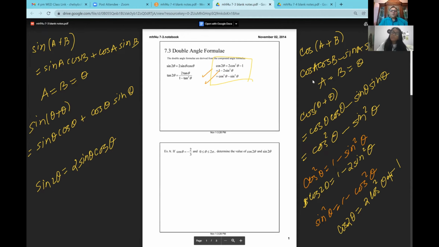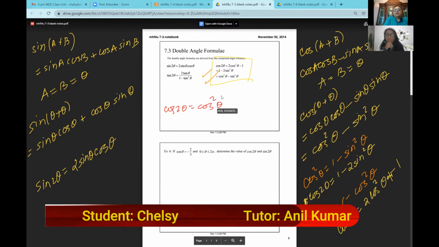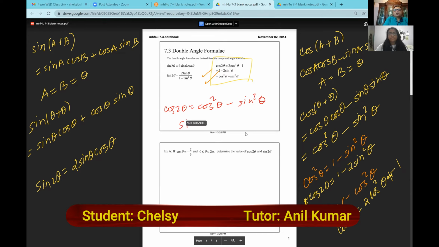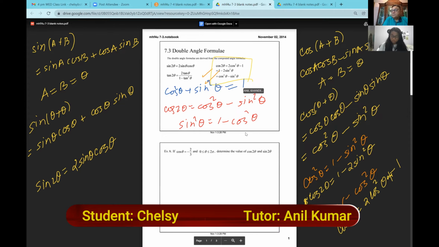Could you explain one more time, sir, the cos squared theta and deriving it? Okay, let me rewrite this. We did get that cos 2 theta equals cos square theta minus sine square theta, correct? If I write sine square theta as 1 minus cos square theta, because you know the Pythagorean identity, you remember that? Which is cos square theta plus sine square theta equals 1. So that's the Pythagorean identity.